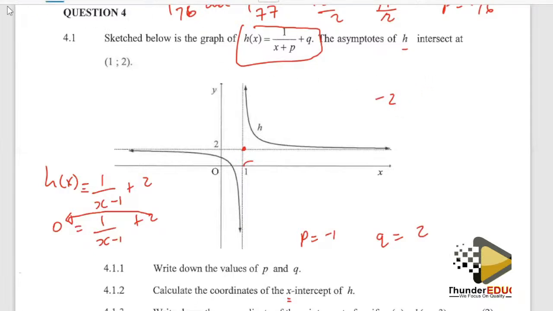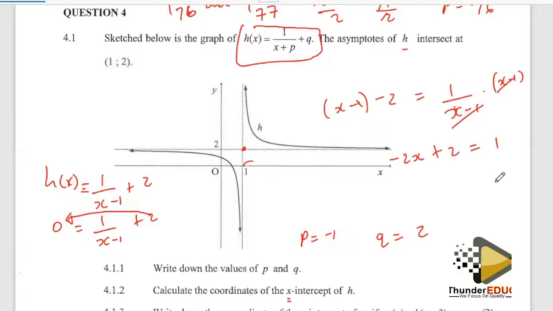Negative 2 is equal to 1 over x minus 1. And then you can multiply both sides by x minus 1, trying to eliminate the denominators there. Then when I open this, I'm going to have negative 2x. This and this is a plus 2, must give me 1.